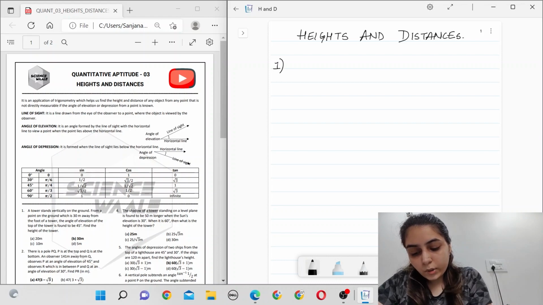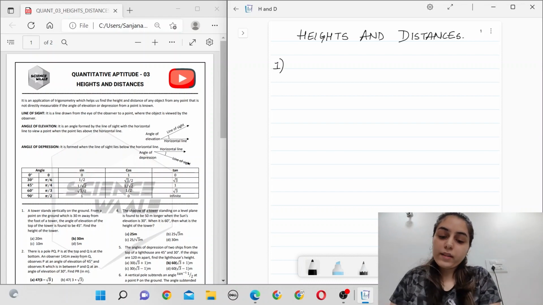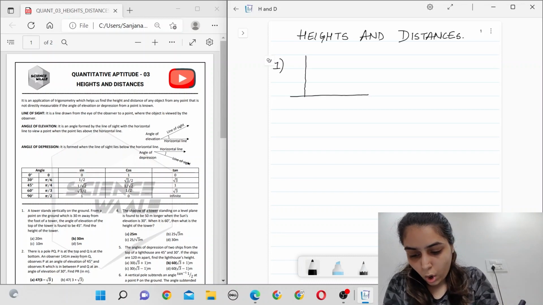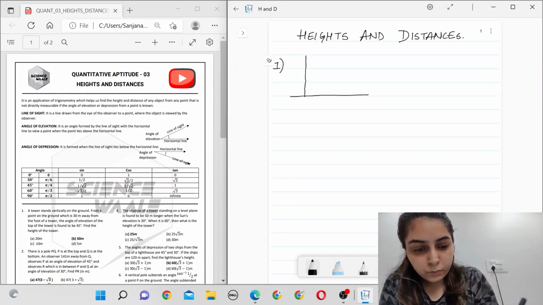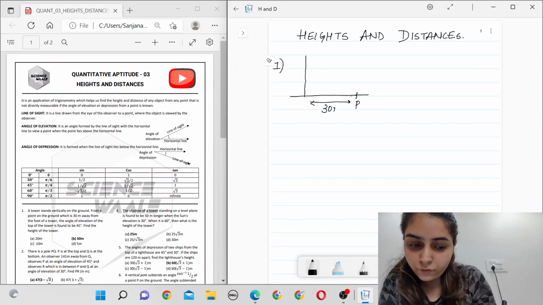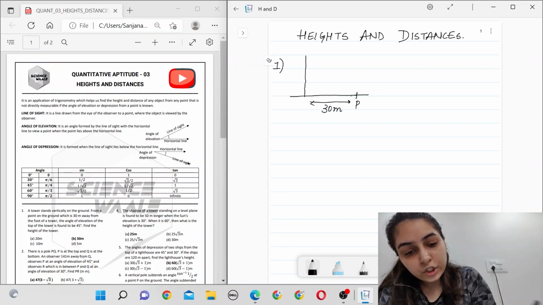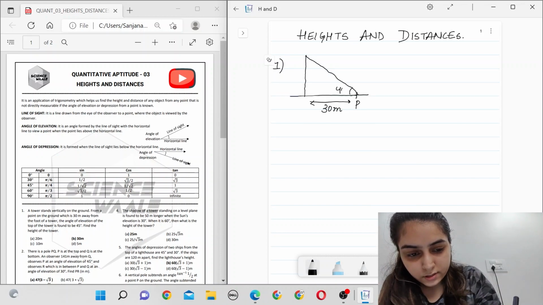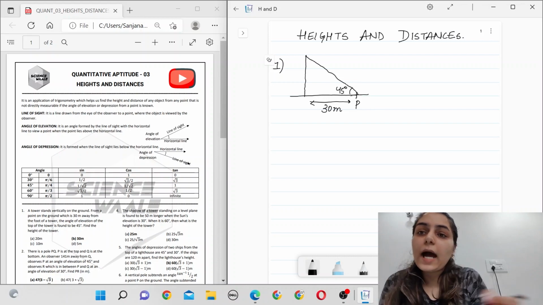From a point on the ground which is 30 meters away from the foot of the tower, the angle of elevation of the top of the tower is found to be 45 degrees. Then find the height of the tower. So what they have given us is, there is a tower standing on the ground and a point 30 meters away from the foot of the tower. The angle of elevation of the top of the tower is found to be 45 degrees. Then find the height of the tower.